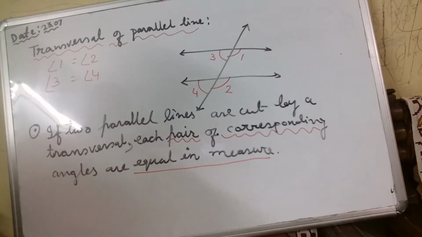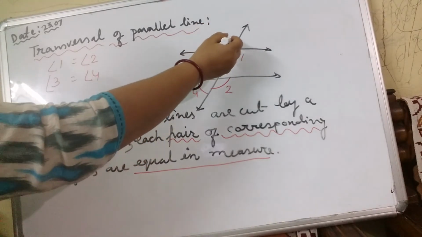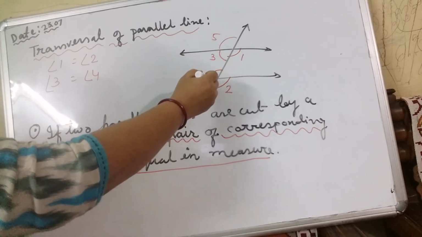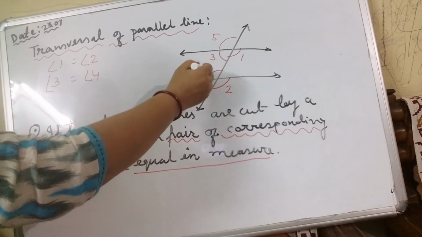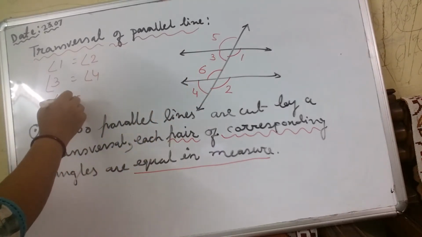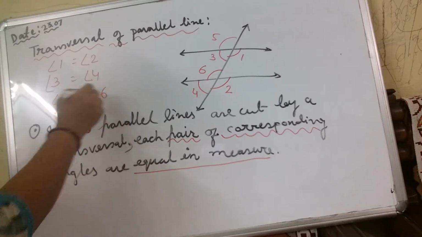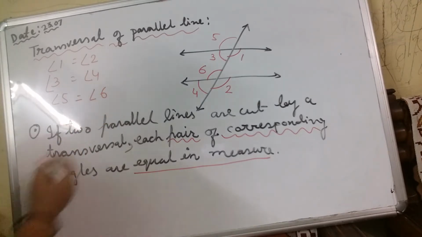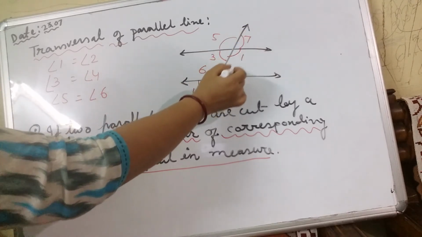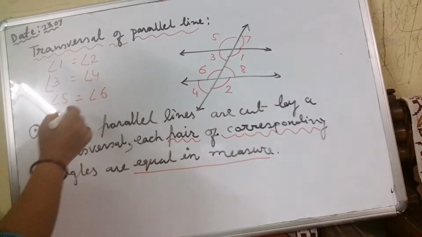If this is angle 5, its corresponding angle is angle 6, so angle 5 equals angle 6, and angle 7 equals angle 8.